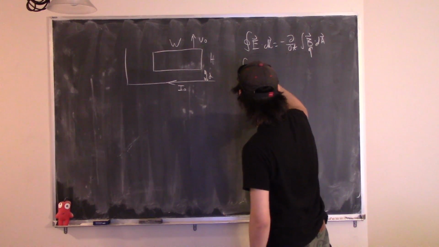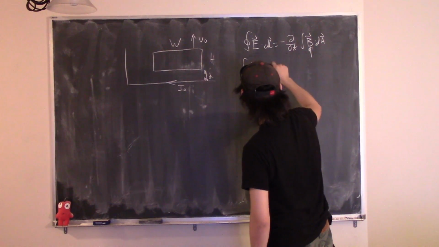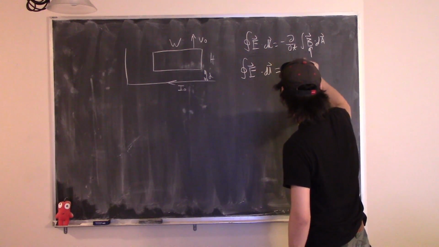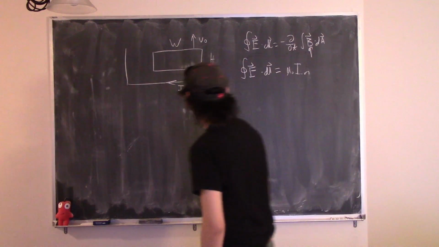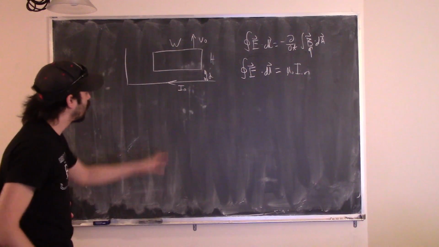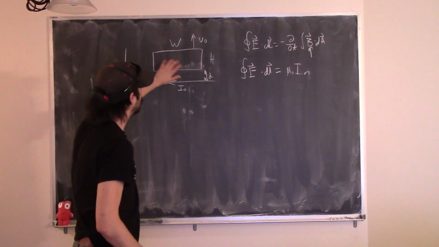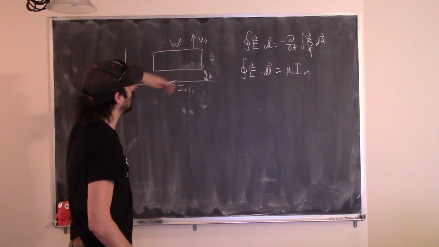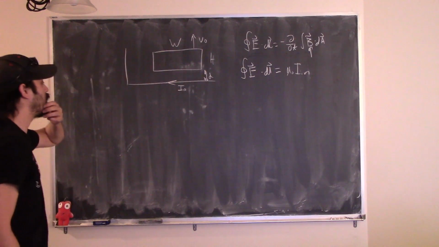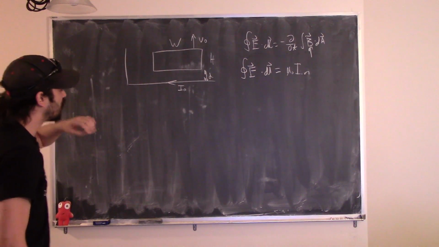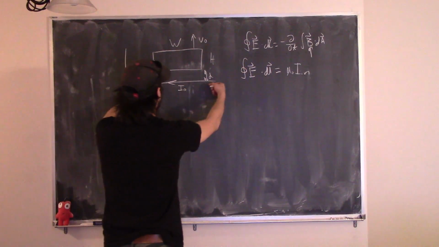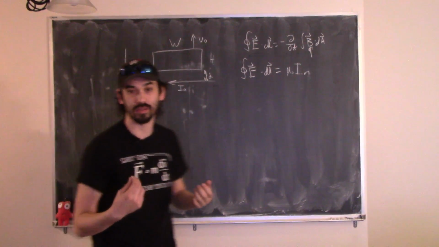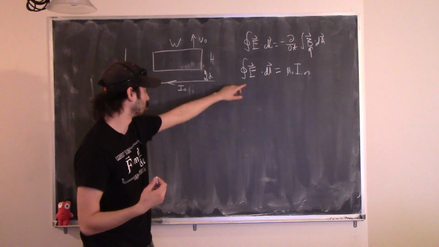So Ampere's law says the integral of B dot dl is going to be equal to mu naught times I in. And the reason why I'm doing that is we want to find the flux that passes through this loop, or the magnetic flux that passes through this loop. But in order to do that, we need to know what the magnetic field is. And to find the magnetic field, we know that there's some current that flows this way. And so we can calculate what the magnetic field is from Ampere's law.